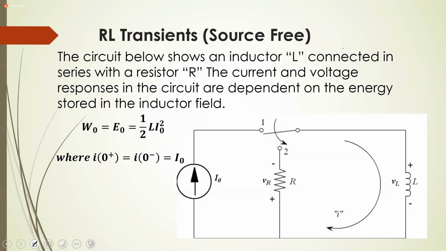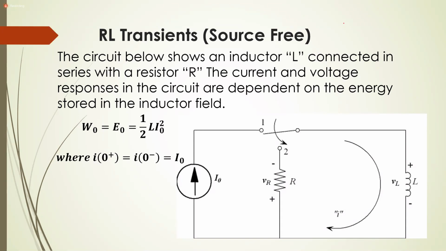So we move from there. We don't want to look at RL transients. We're maintaining the definitions. Everything that we said about the definition of a transient, etc., all of that remains.